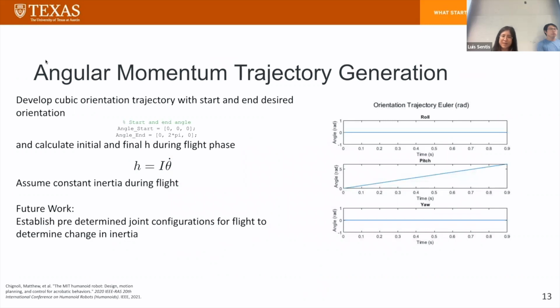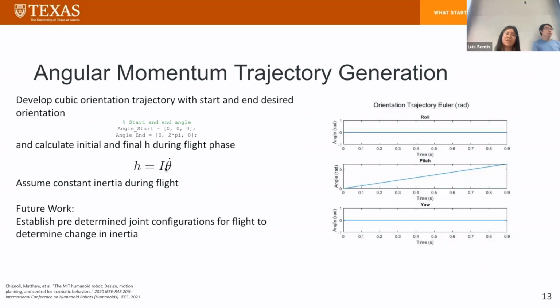The more interesting trajectory, the angular momentum trajectory: we started with a desired orientation of 0, 0, 0 for a backflip, and then a desired end orientation. You can see our trajectories linearly increasing to 2 pi for the pitch. And then from there, we calculate an angular momentum trajectory.